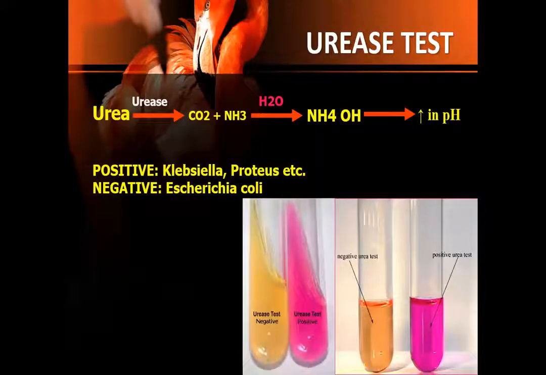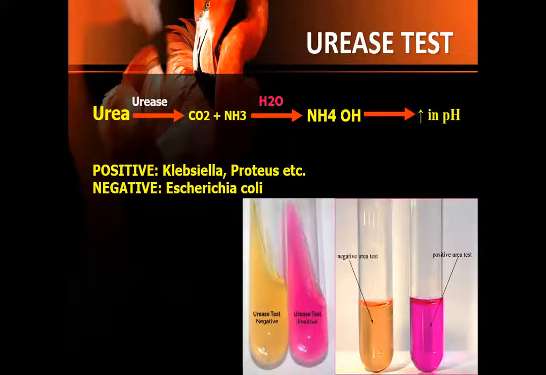Here is another important test which is known as the urease test. Okay, so the urease test is performed to check the ability of an organism to degrade urea. If the bacteria is producing the urease enzyme, they break the urea.